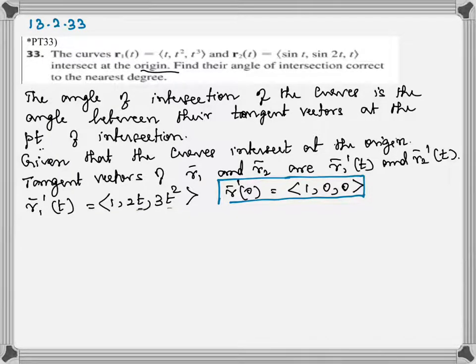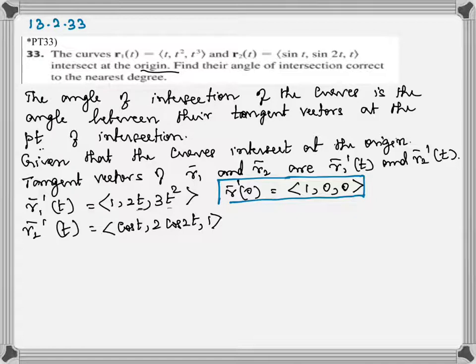In the same way we have to find r2'(t), and then replace t with 0. r2'(t) is nothing but the derivatives of each component of r2. So it is the derivative of sin t, which is cos t, the derivative of sin 2t, which is 2 cos 2t, and the derivative of t, which is 1.